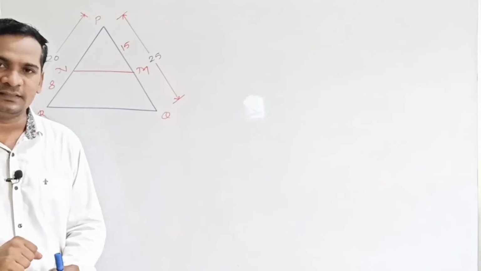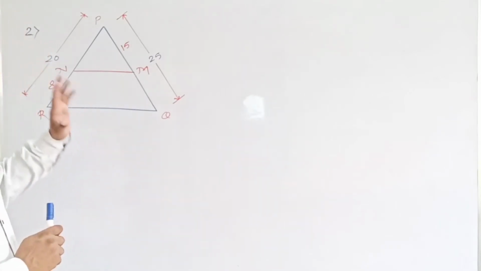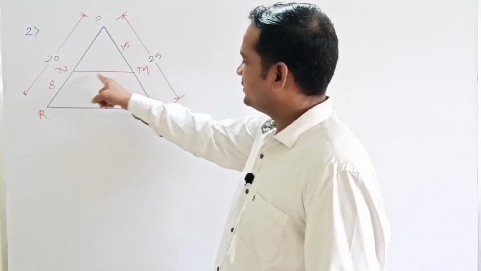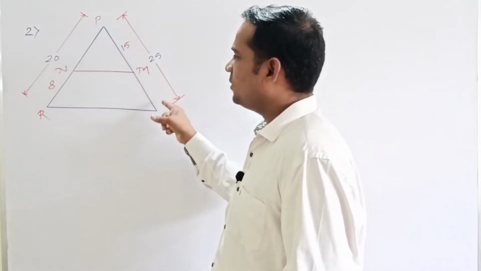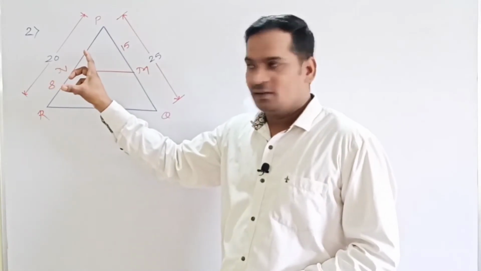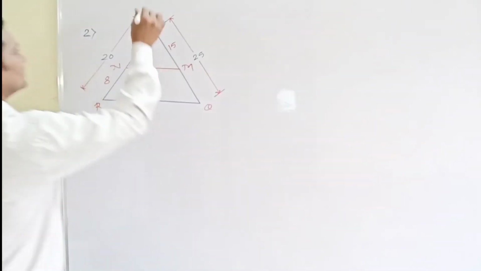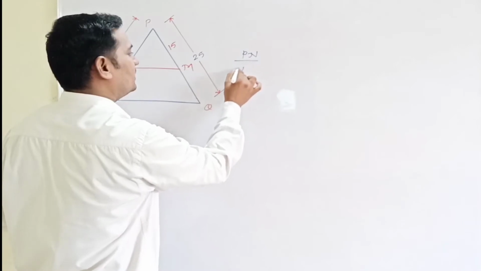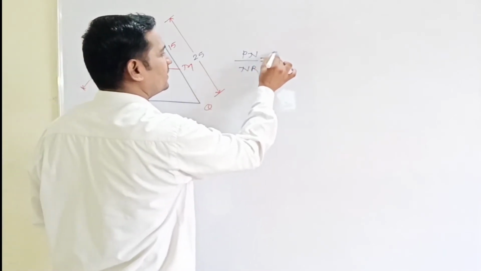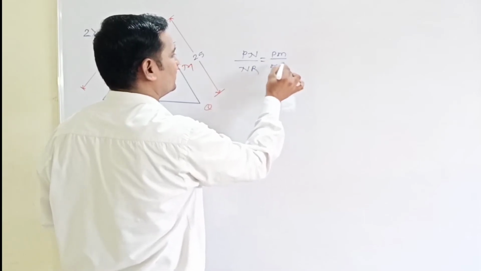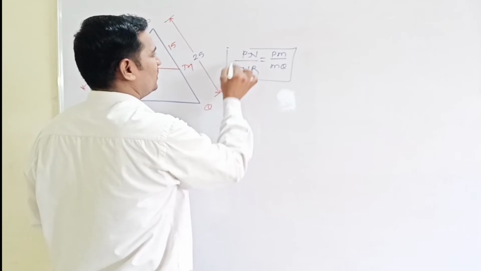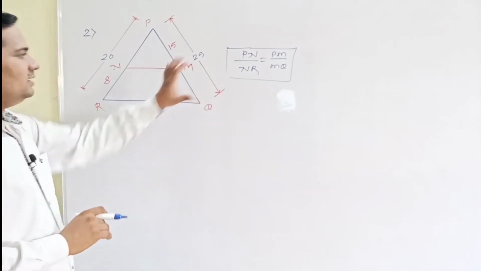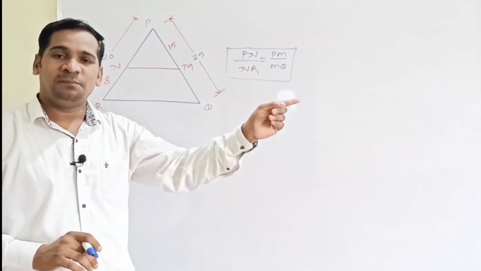If a line divides any two sides of a triangle, look at this, suppose this line divides these two sides of the triangle in equal ratio, suppose here PN upon NR is equal to PM upon MQ, then that line will be parallel to the third side.